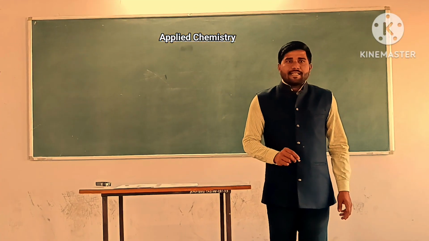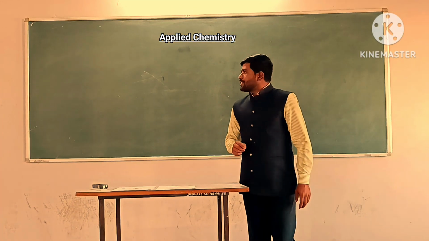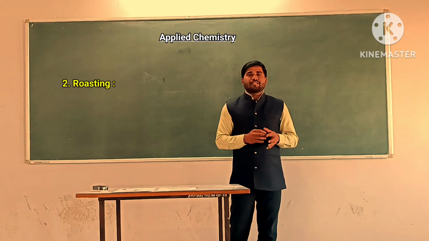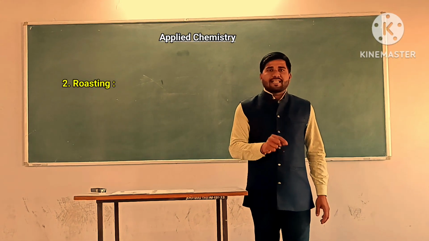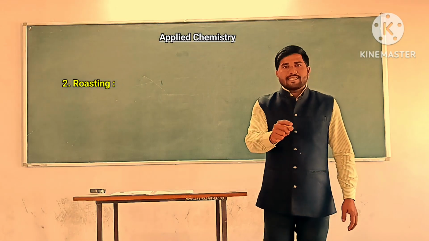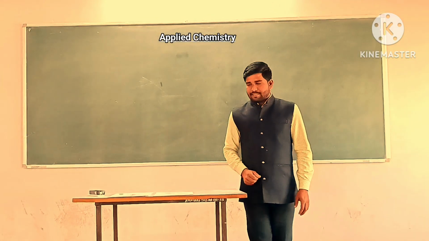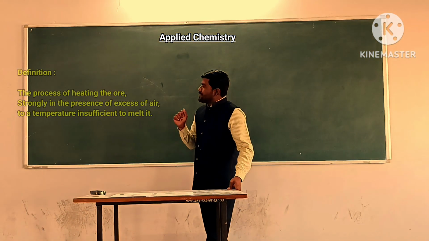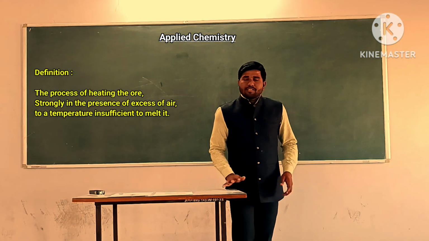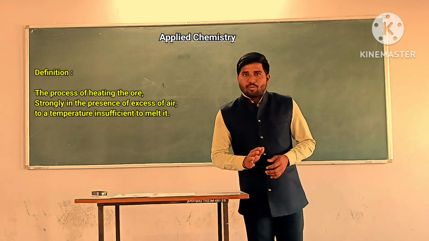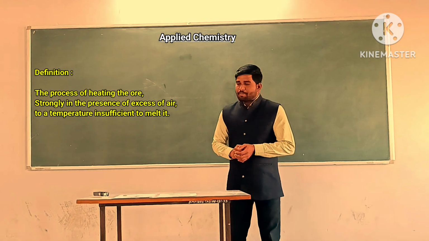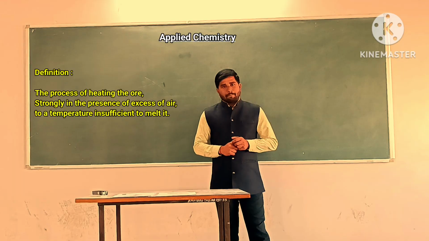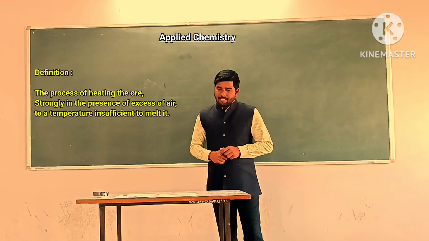Let us start the second method, and the second method is roasting. Let us see the common points and the differences between calcination and roasting. Roasting is, let us write the definition, the process of heating the ore strongly in presence of excess air in the blast furnace.